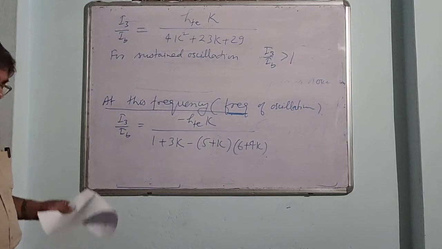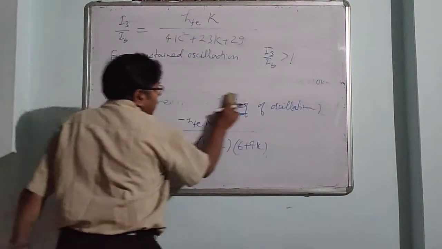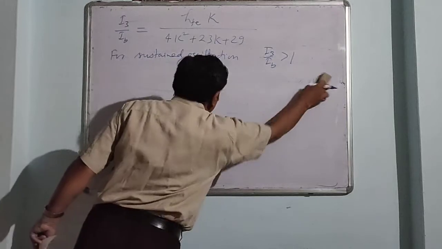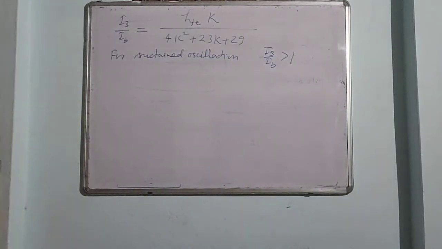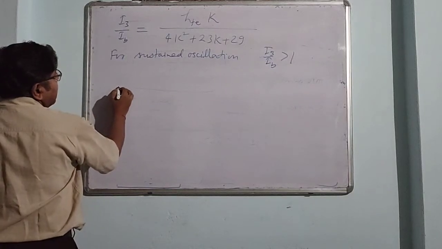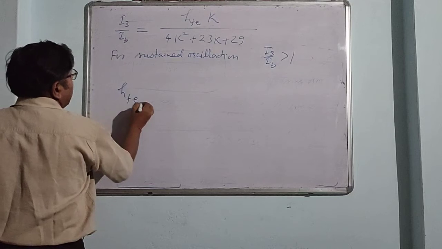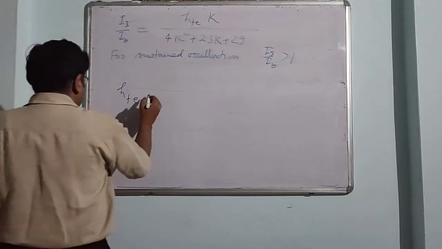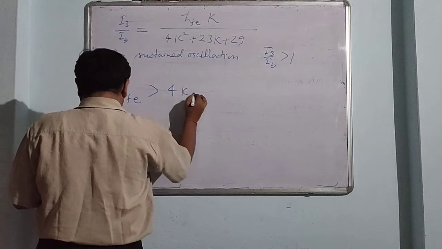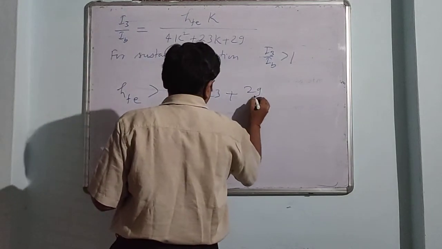And from here, if this is greater than 1, this is the basic condition, means hFE, then you can solve this. This is greater than 4k plus 23 plus 29 upon k.